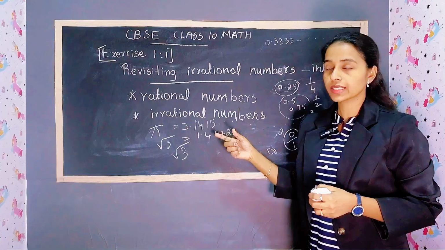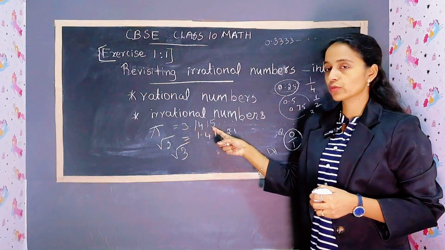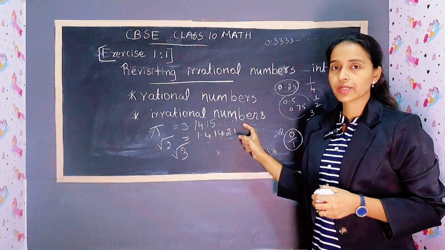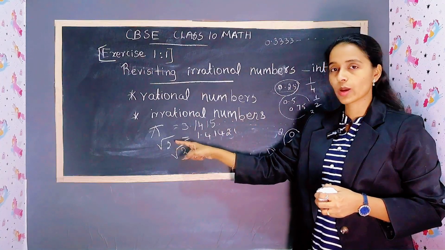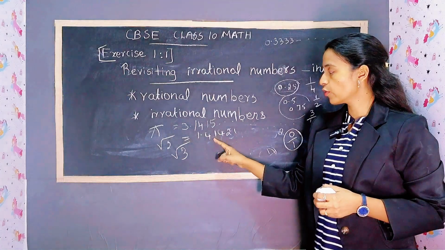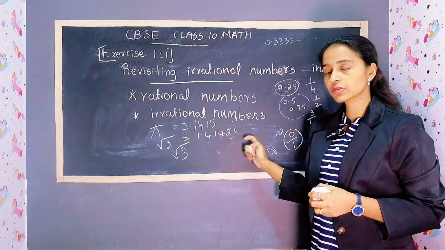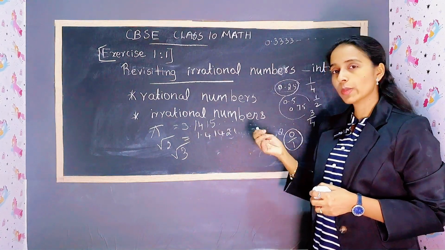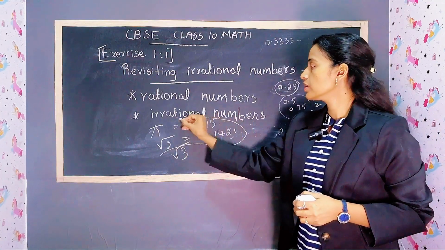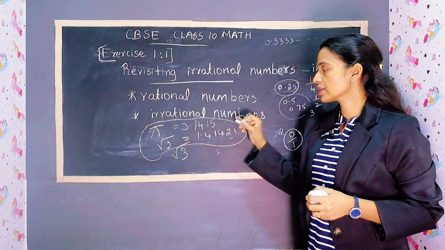The value of pi is 3.1415 and it keeps going. No pattern will get repeated. And the value of square root of 2 is 1.41421, it keeps going. No pattern will get repeated. So such numbers come under irrational numbers.